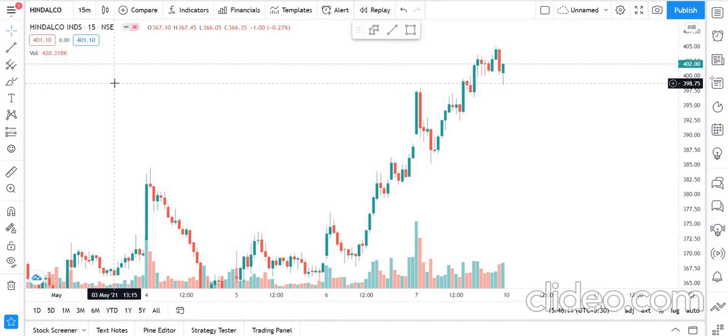Someday you might be using a strategy that specifies at what period of time what should be done. Some strategies do not, and indicators never tell you which time is best for trading. Most strategies also do not tell you which time is best. Some of the strategies that we have shared with you, we have told you the time, but in other strategies we have not told you the time.